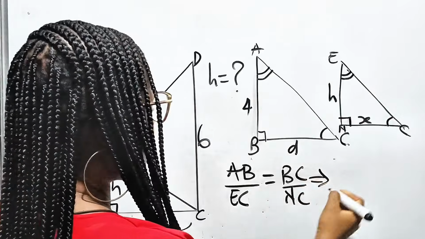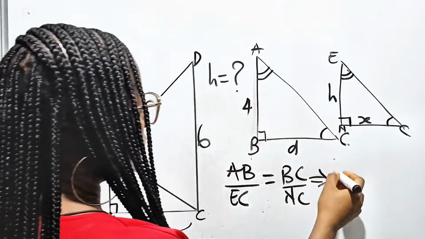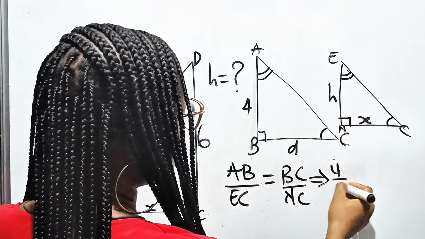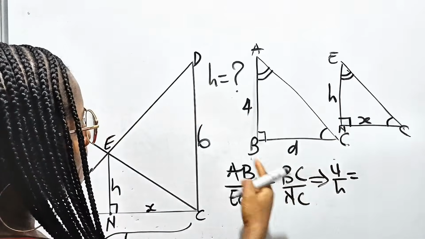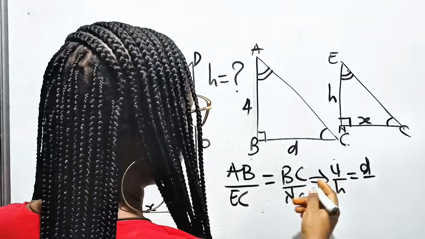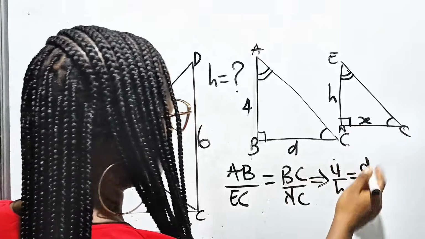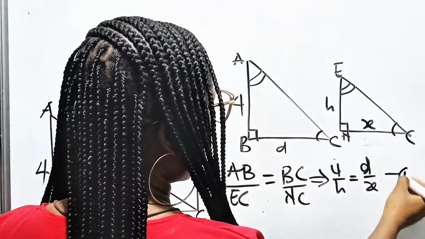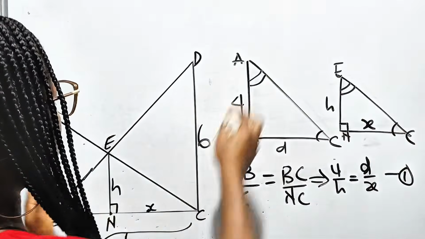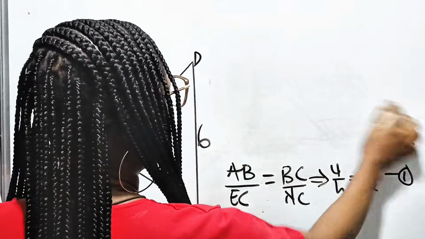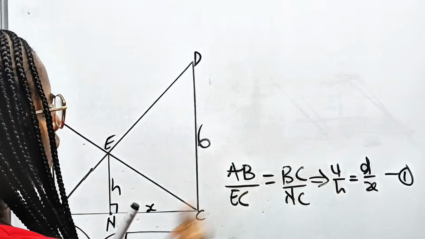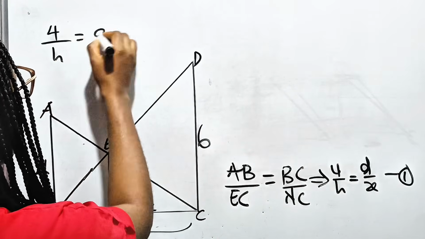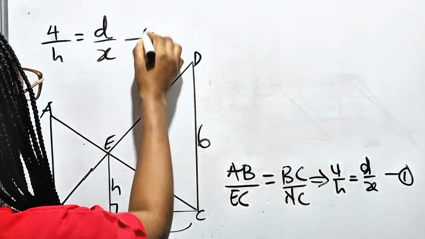So this implies that we can write AB is 4, EC is H, is equal to BC is D, and NC is X. So we are going to call this equation 1. Now permit me to erase this because I will need to write this somewhere. So I will write first of all that 4 divided by h is equal to d over x. This is equation 1.